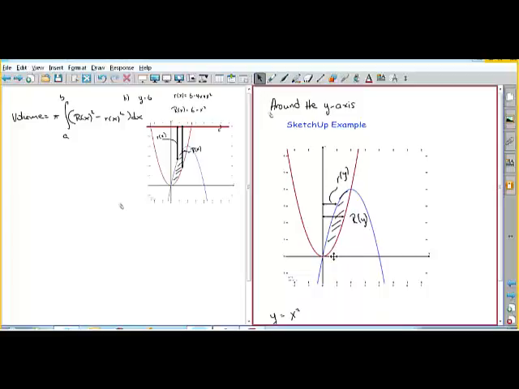Also, when we rotated around the x-axis, the red curve was the inside radius and the blue curve was the outside radius. If we rotate around the y-axis, the inside radius is the blue curve and the outside radius is the red curve. Our limits are not from 0 to 2, because those are the x limits. They go from 0 to 4.